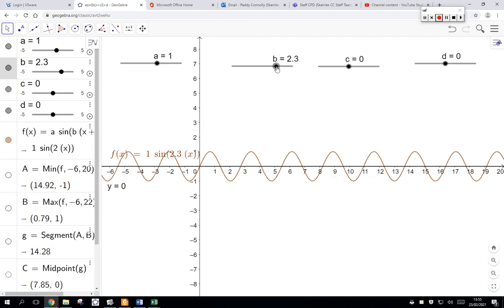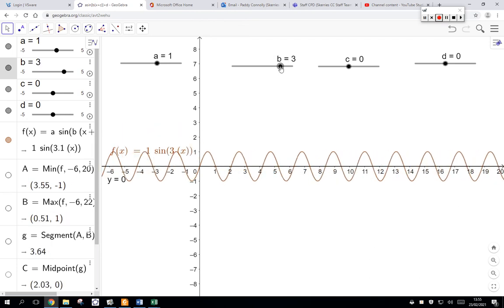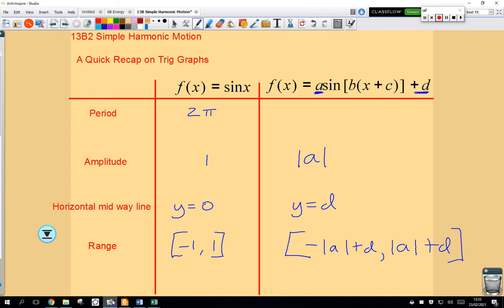If I moved it to 3, that would be the period divided by 3. In fact, the period is always going to be 2 pi divided by whatever that number b is. And in fact, it's the absolute value of whatever that number is.